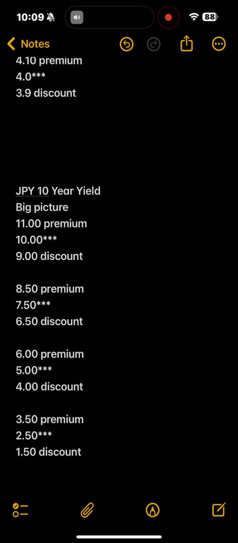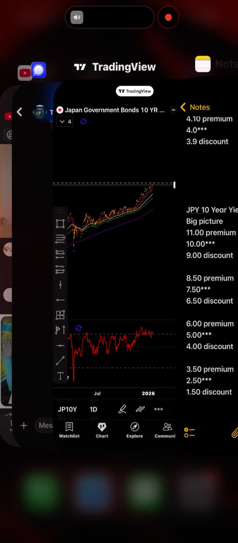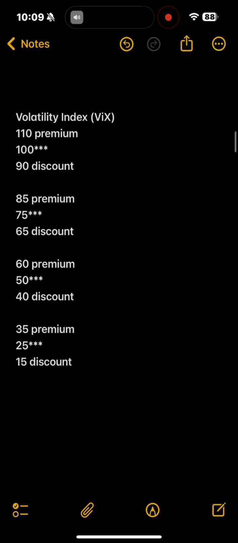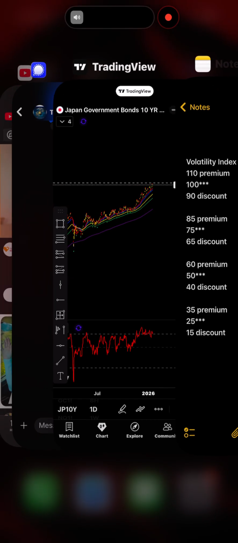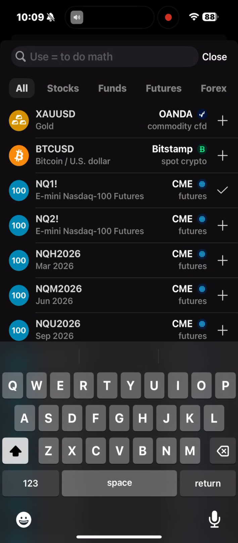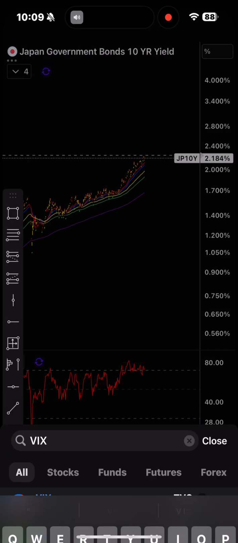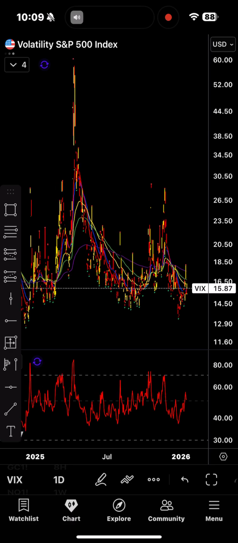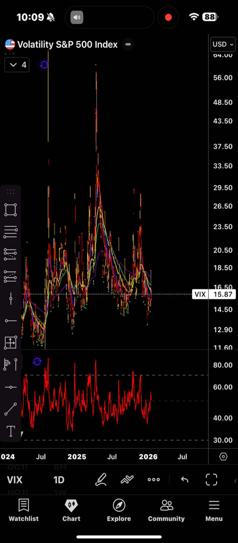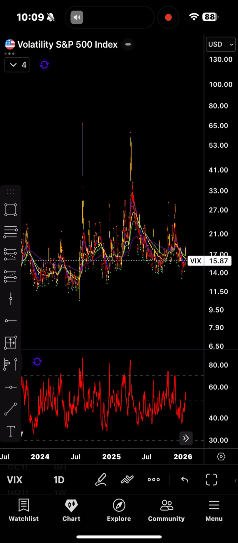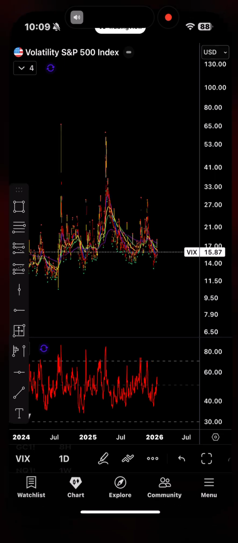All right, so where I really wanted to be was the VIX, the volatility index for the S&P 500, the breadth of the stock market. We see that we're hovering down towards the bottom. What's the bottom? 15, right? 15, 25, 35. 15 is the discount.